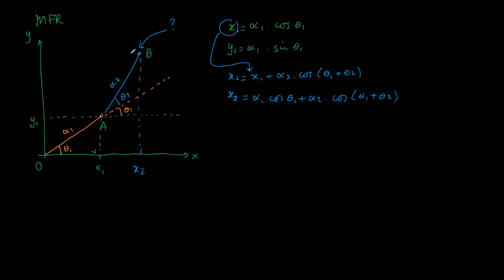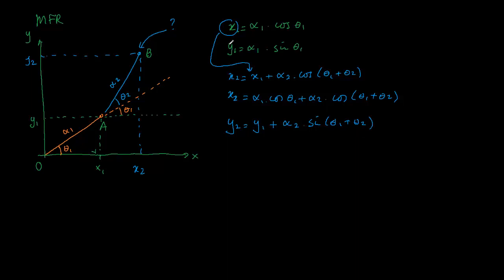Well, have a look at the y coordinate, so we call this y2, and we have y2 is y1 added to the length of robot arm 2 times, in this case, the sine, it's this side, so we have sine of theta 1 added to theta 2.